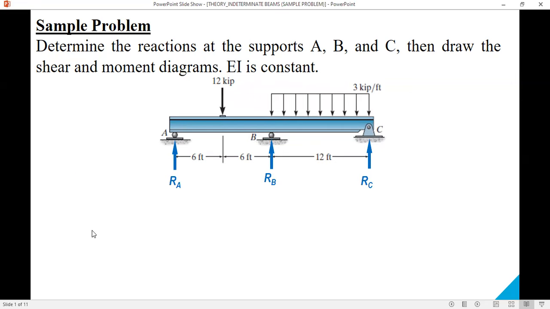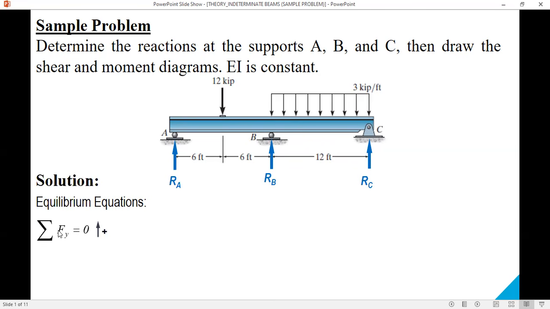So let us start with the equilibrium equations. Now there are 3 equilibrium equations, but the first equation, summation of force along the horizontal, is already satisfied, since RCX is equal to 0.